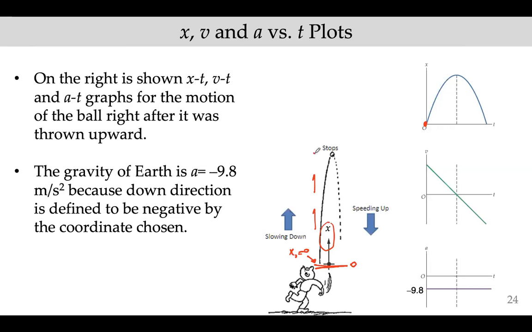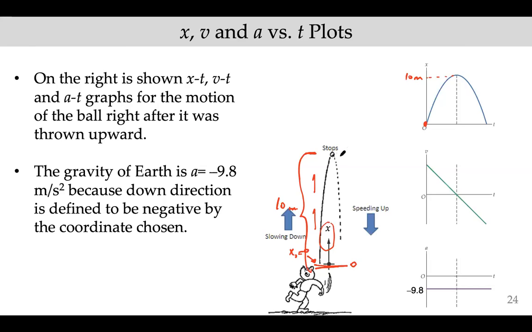And then it comes to some distance. Let's say if this distance is 10 meters, so this point is 10 meters. And after that point, it doesn't go to 11, 12, but it goes back.